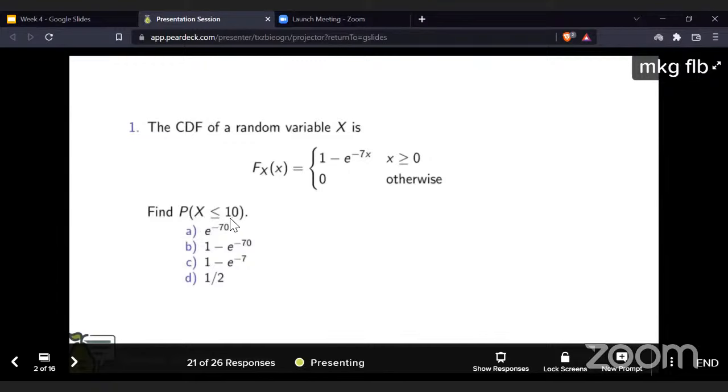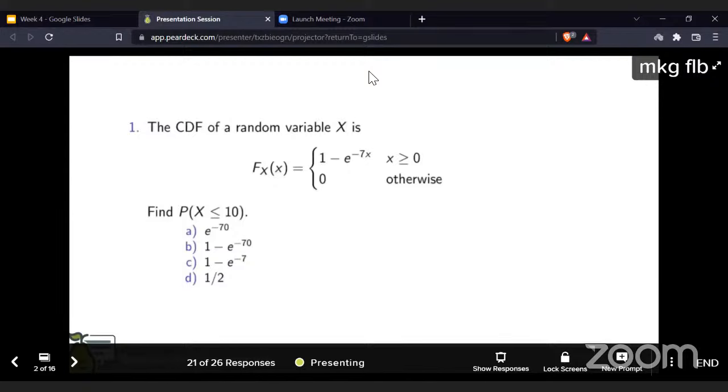And we know that the CDF Fx of x is probability x less than equal to small x. In this example, small x is just 10. So CDF is already given to you. Just substitute 10 in place of x.